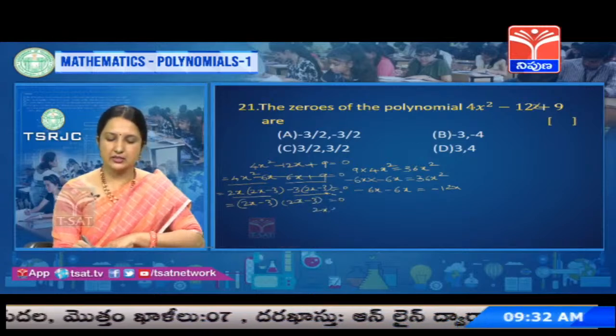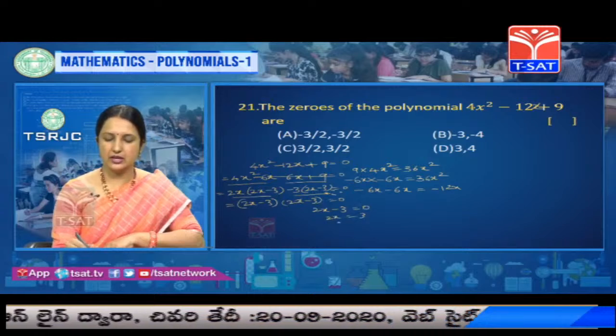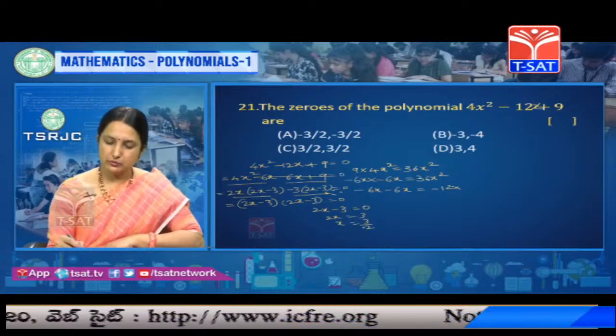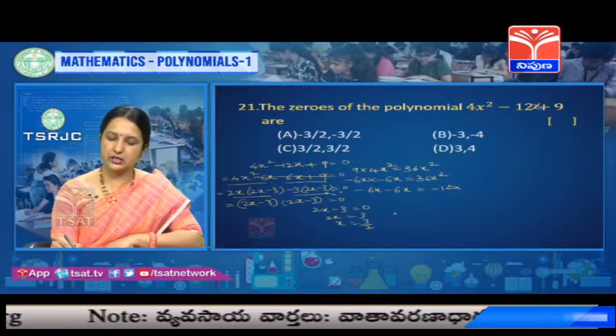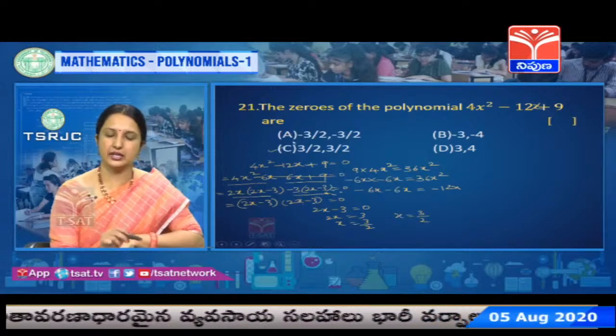When 2x minus 3 equals to 0, then 2x equals to 3, x equals to 3 by 2. Two values, x equals to 3 by 2 and x equals to 3 by 2. This is the correct option.